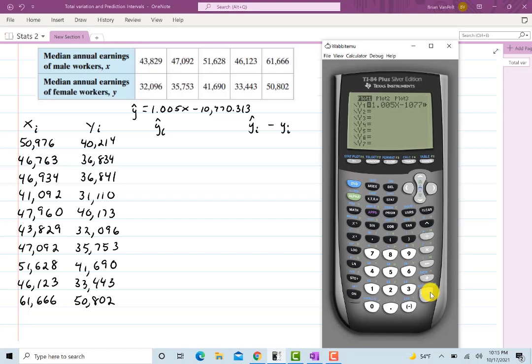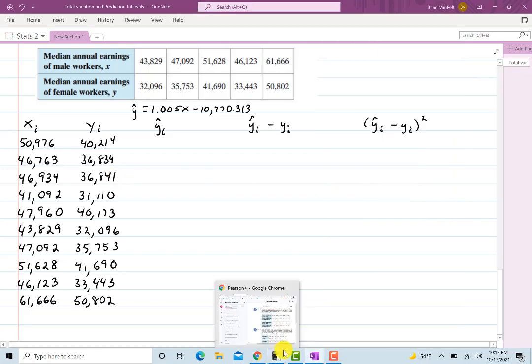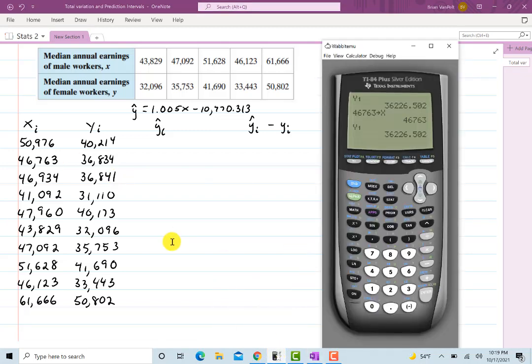What I'm going to do is let my calculator compute this next column for the most part for me. I have to plug each of these x's into this formula here. The easiest way that I can think of doing it is to start with the 50,976. I'm going to store that in for x.